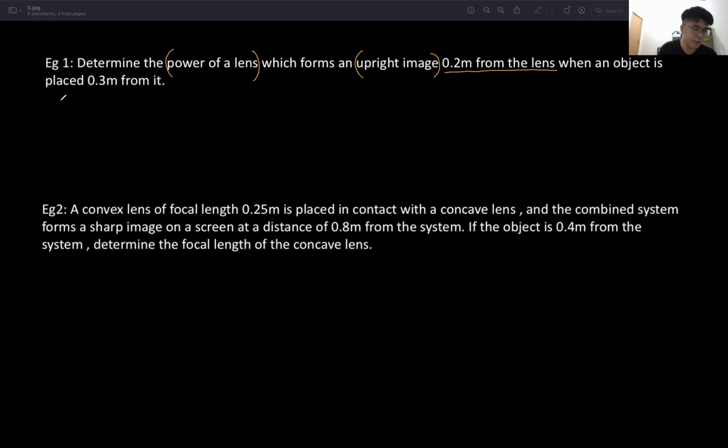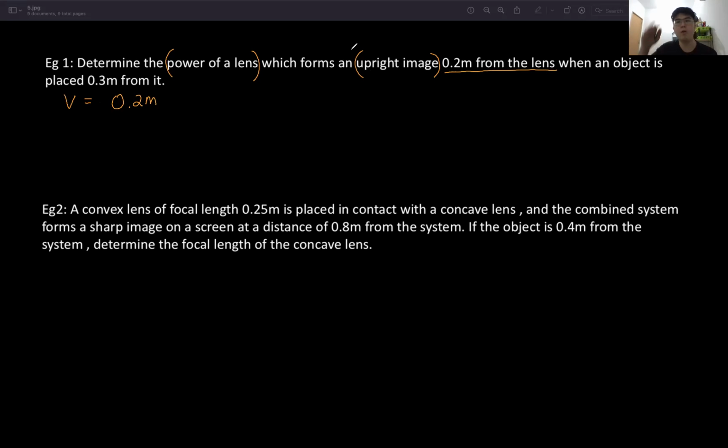Okay, so we know that V is given, yes, right? It forms an upright image 0.2 meter from the lens. But is it positive or negative? We know it's 0.2, but is it real or virtual? We don't know. But it says here, upright image.